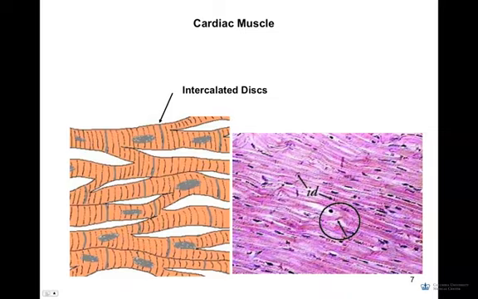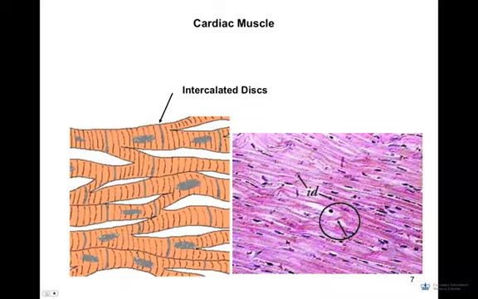What they do is attach one cardiac muscle cell to the next cardiac muscle cell. It allows cardiac muscle cells to attach to each other and line up. These intercalated discs are critically important for the function of cardiac muscle. It is the attachment point for one cardiac muscle cell to its neighboring cardiac muscle cell.